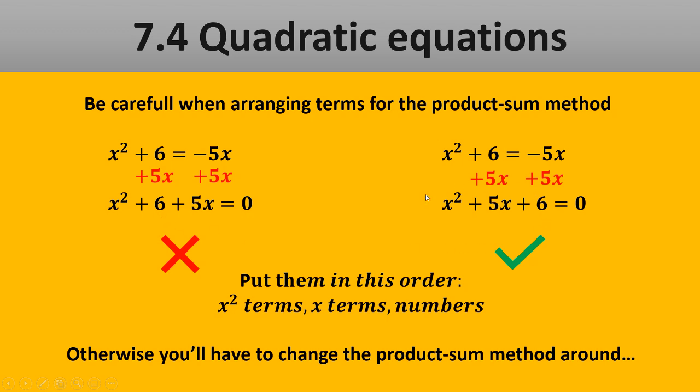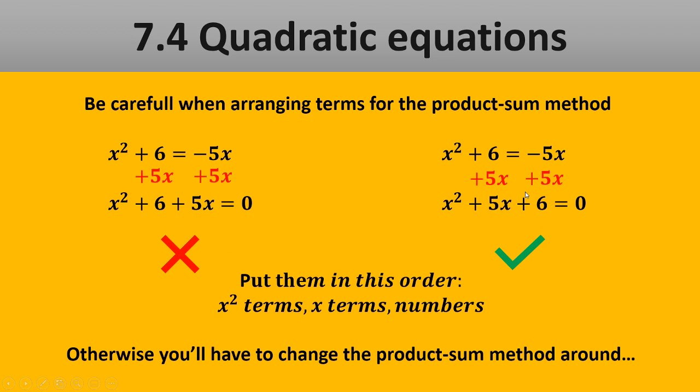Because for the product sum method, we are used to this order: x squared, x's, and numbers. And now I know that my sum must be 5 and my product must be 6. So not like here where I say, well, this is the second thing, so my sum must be 6. No, my sum must be 5.